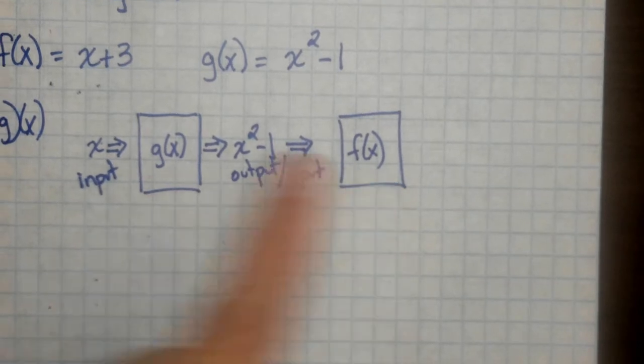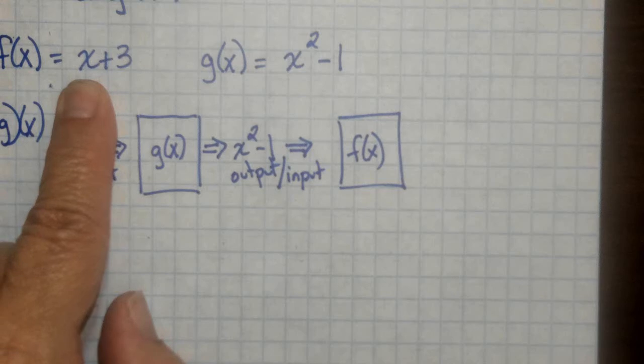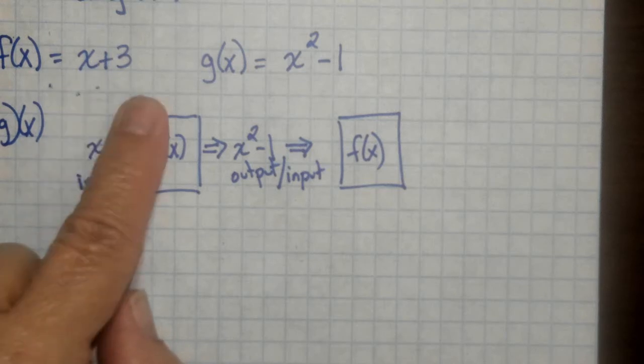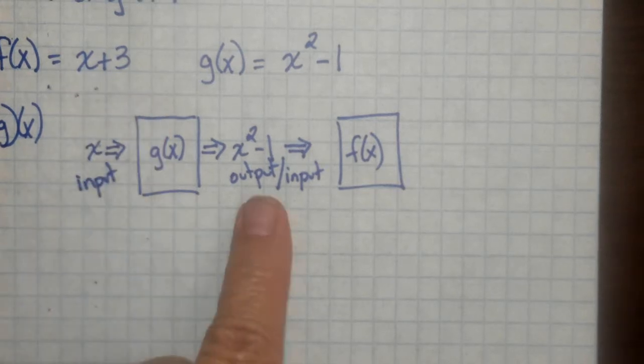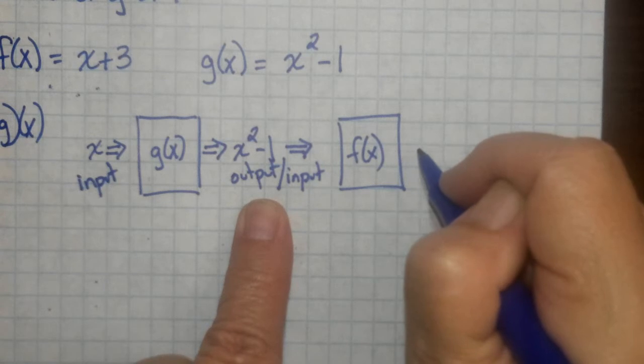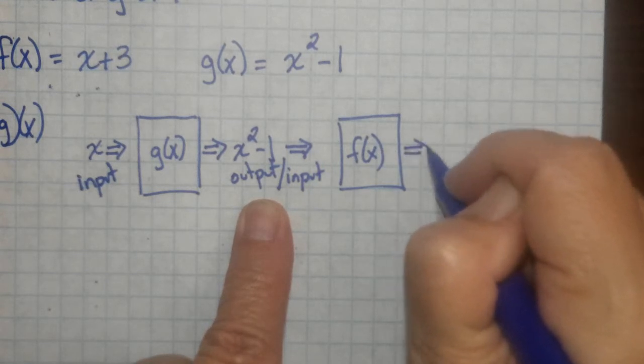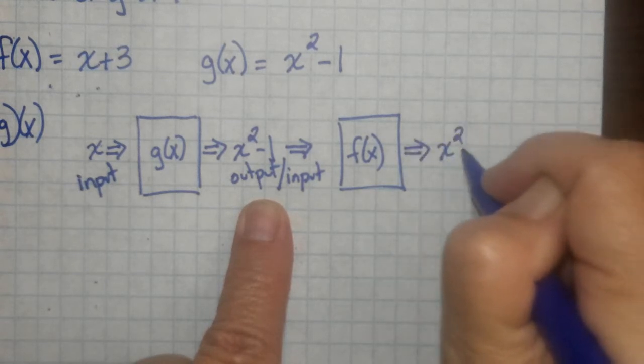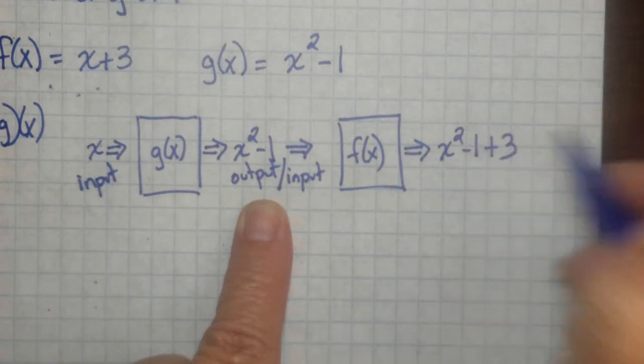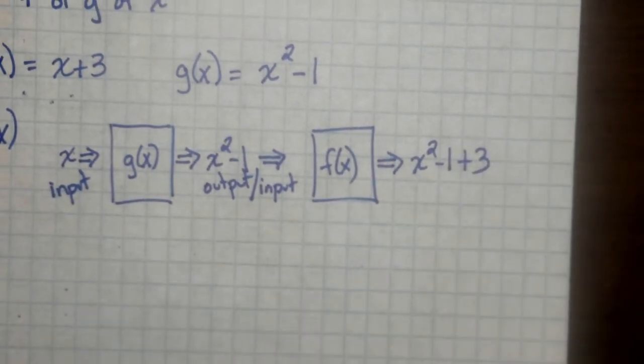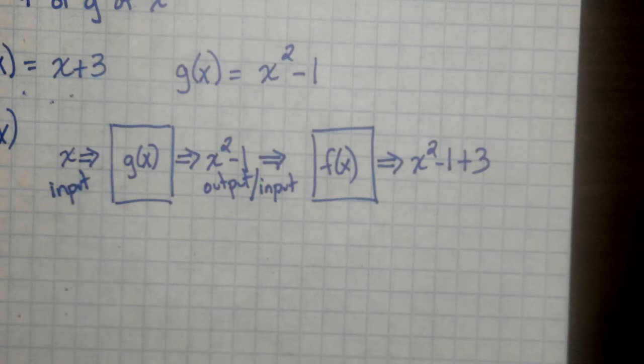So the function f of x says, whatever your input is, take it and add 3. So now my input is x squared minus 1. So I take that input, x squared minus 1, and I add 3.